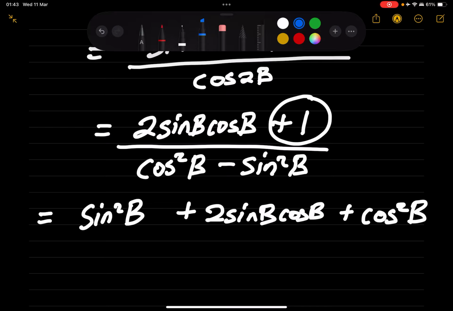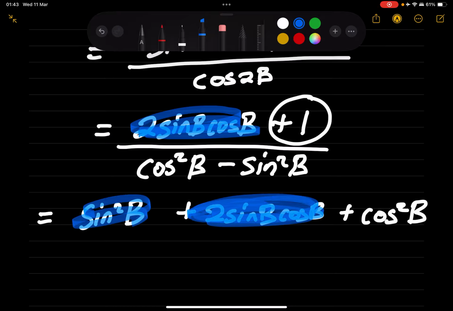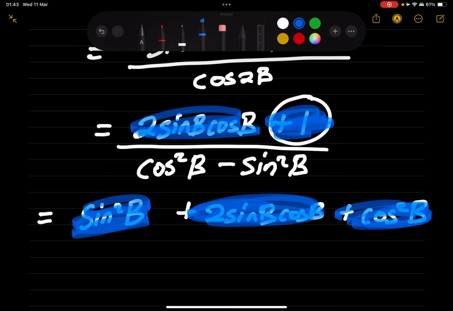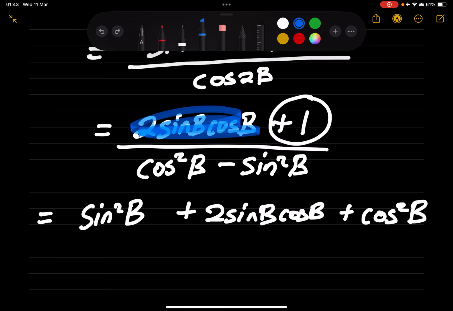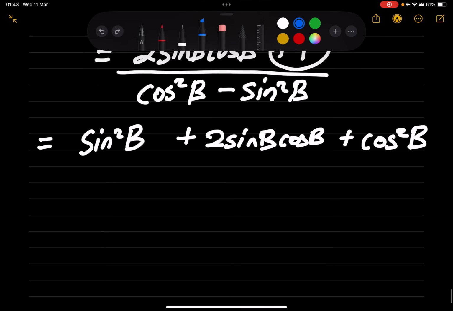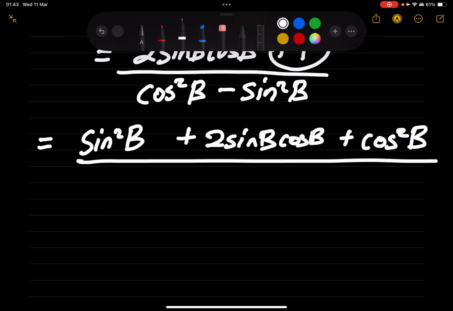You can see, ladies and gentlemen, that this part is this part. And then sine squared b plus cos squared b is the 1. Remember, the Pythagorean identity says 1 is the same as sine squared b plus cos squared b. All over cos squared b minus sine squared b.